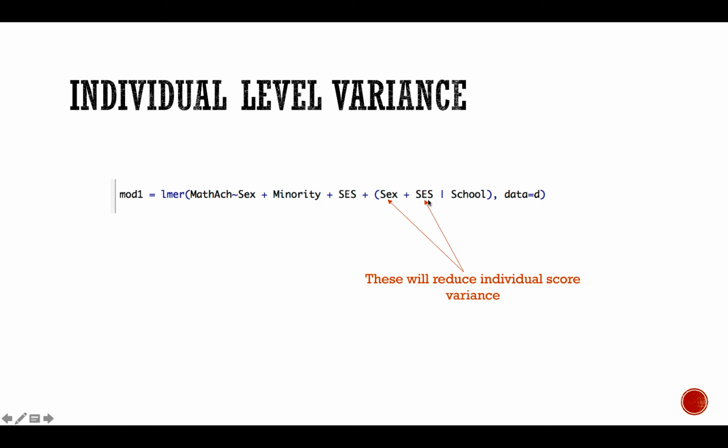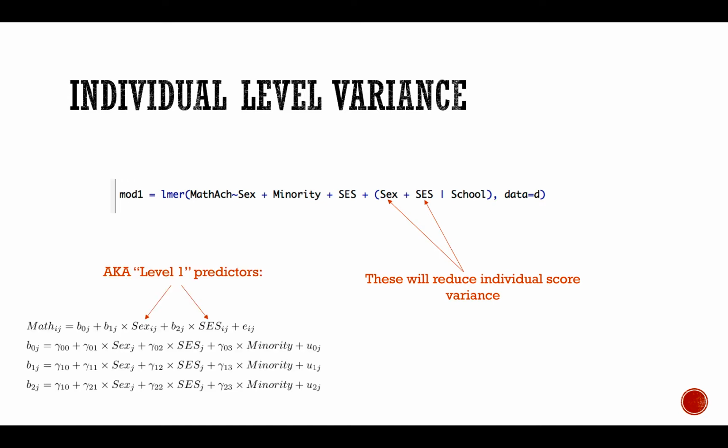So again, back to individual level variance. Now remember, individual level variance means the deviation of the dots from their respective school prediction. And so when we include these individual level predictors of sex and socioeconomic status, those are going to increase our precision in predicting the individual data points.